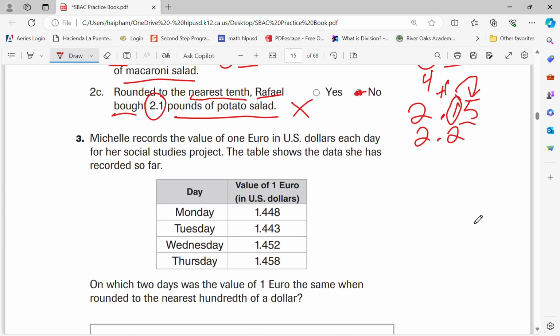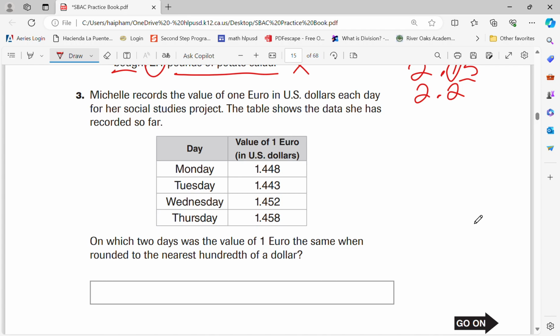Moving on to number 3, Michelle records a value of €1 in US dollars each day for her social studies project. The table shows the data she has recorded so far. On Monday, she has 1.448, Tuesday 1.443, Wednesday 1.452, Thursday 1.458.